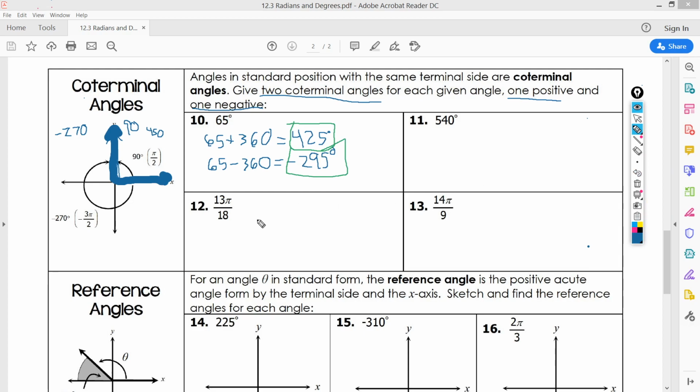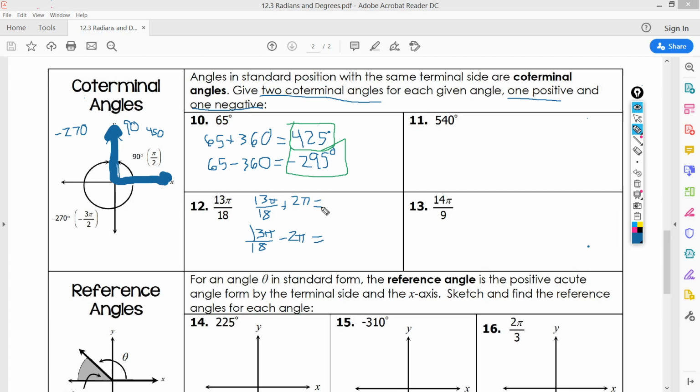Now for number 12, I'm not going to do number 11 because this is easy. You use the same thing, plus 360, minus 360, you're done. 12 and 13, though, are written in radians. Remember, a full revolution going around a circle is 2 pi. So for these ones, we do 13 pi over 18 plus 2 pi and 13 pi over 18 minus 2 pi.